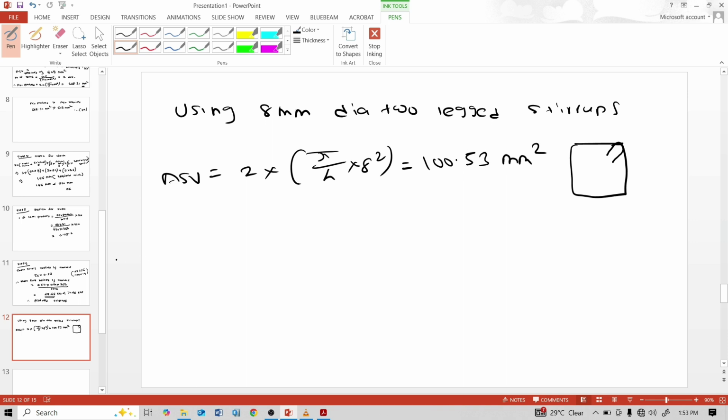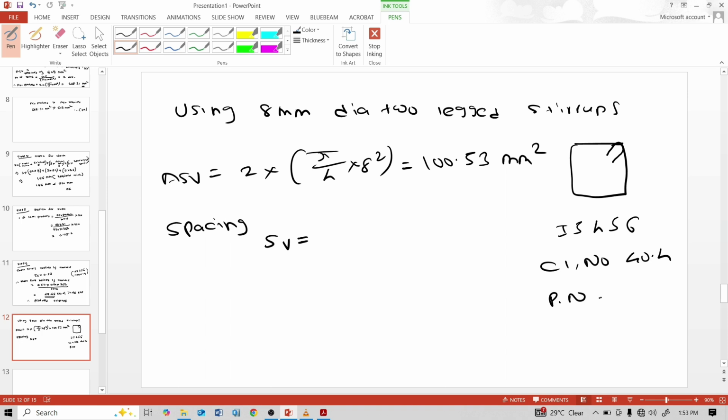Now calculate spacing. Spacing for stirrups. So how we calculate spacing for stirrups? SV equal to, from IS 456 clause number 40.4 page number 73.